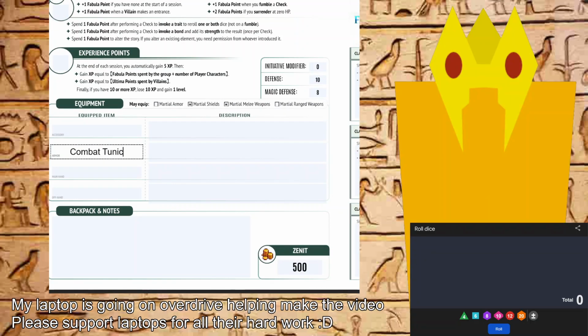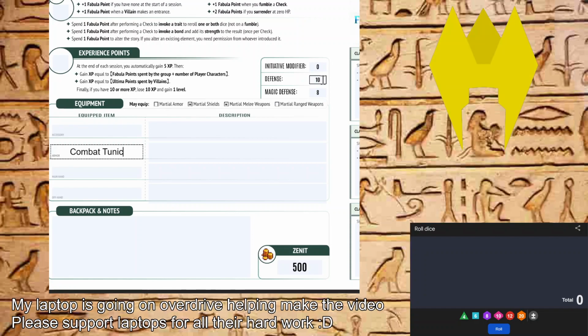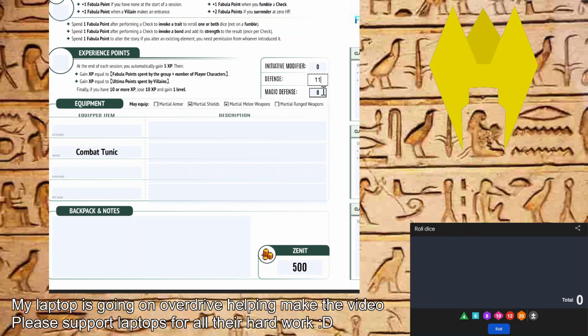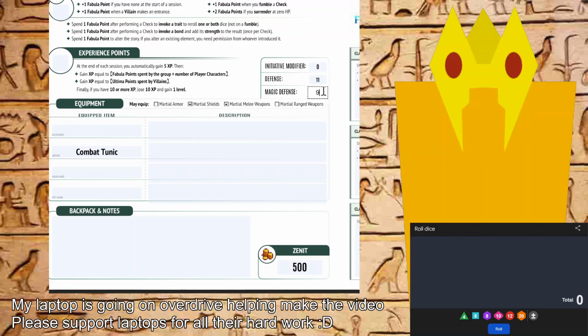And this tunic increases our defense and magic defense by 1. So let's get that taken care of. And that was 150 zenith, so we are down to 350 right now.